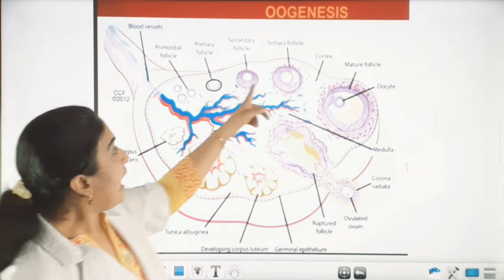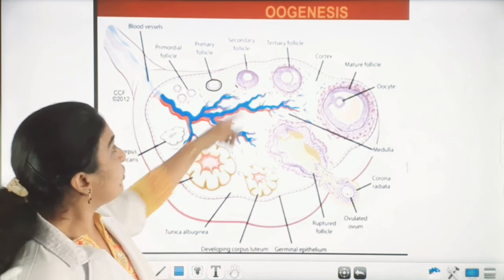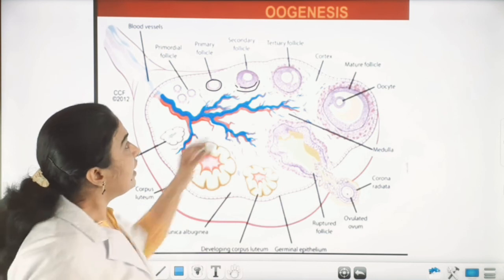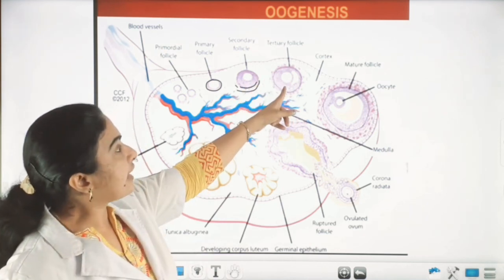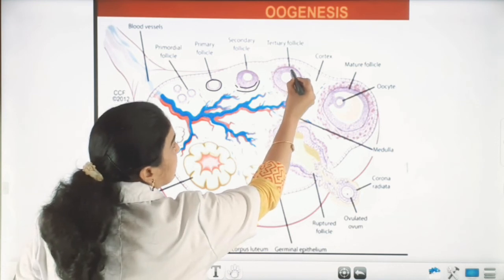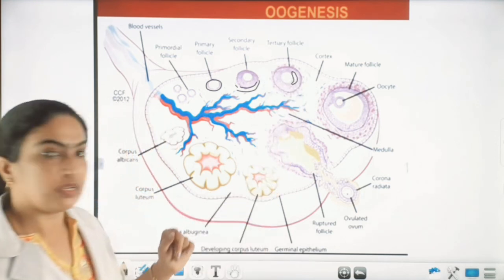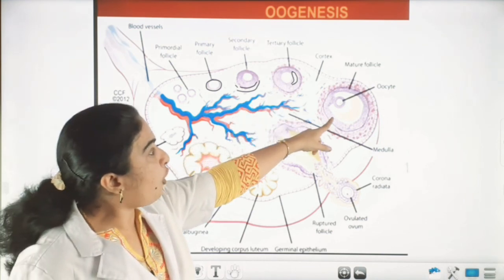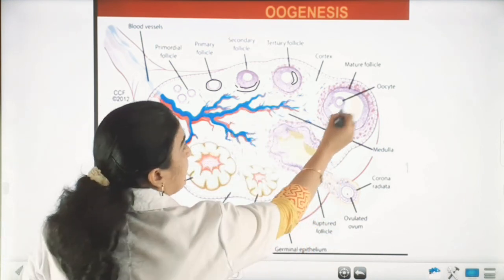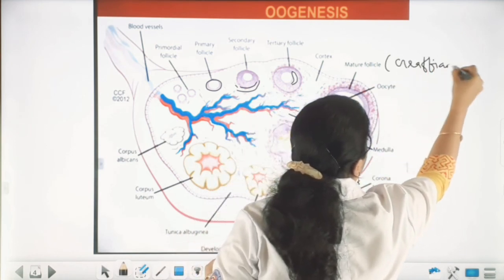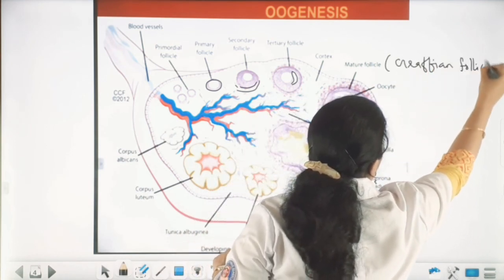Is it clear? And theca also. You can see theca over here, 2 layers of theca. Then the tertiary follicle is characterized by the presence of antrum. So here you can see the antrum. Okay. So the tertiary follicle undergoes development to form mature follicle, and this is a mature follicle or Graafian follicle.